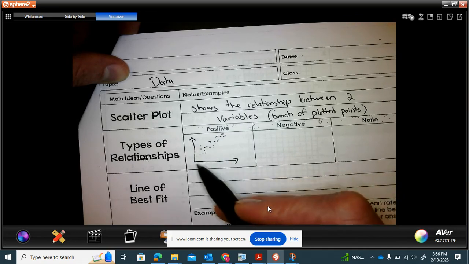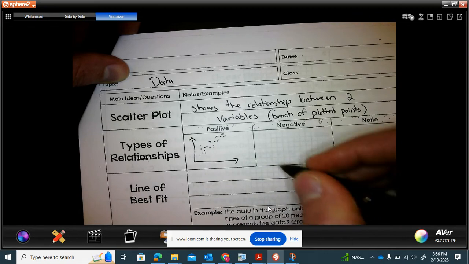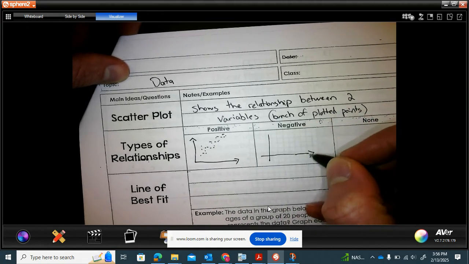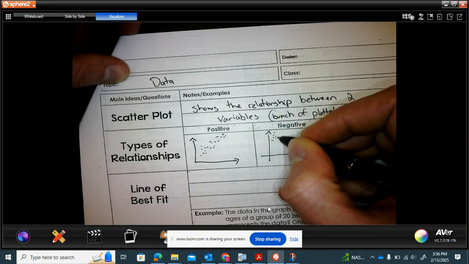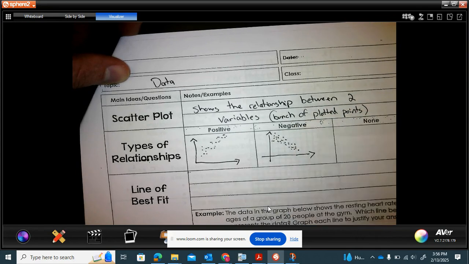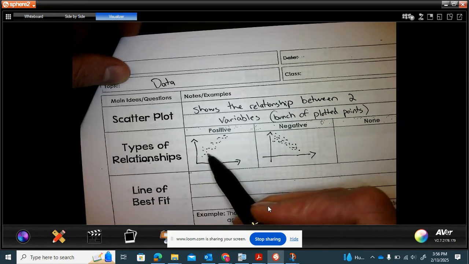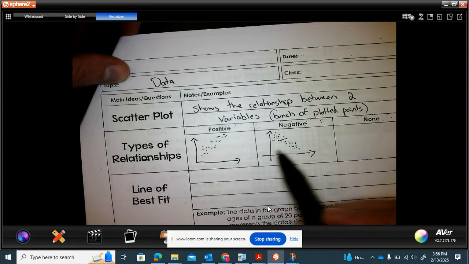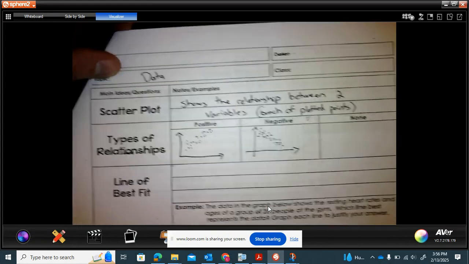So this would be a graph of a positive scatter plot, and a negative scatter plot would look like this, where they would start up here and they would go down. So just like a positive slope and a negative slope, it's kind of the same thing. Positive scatter plot, negative scatter plot.